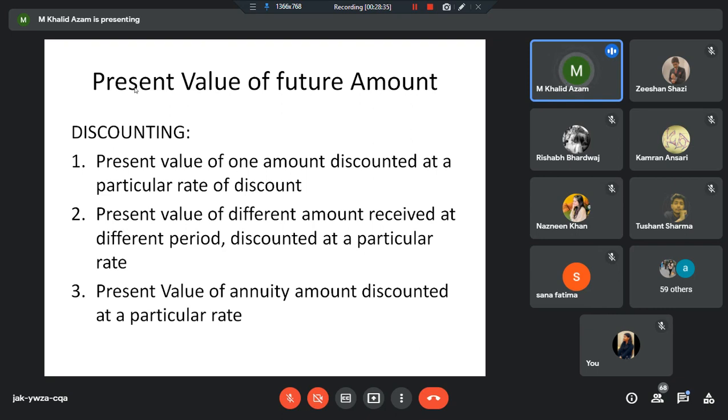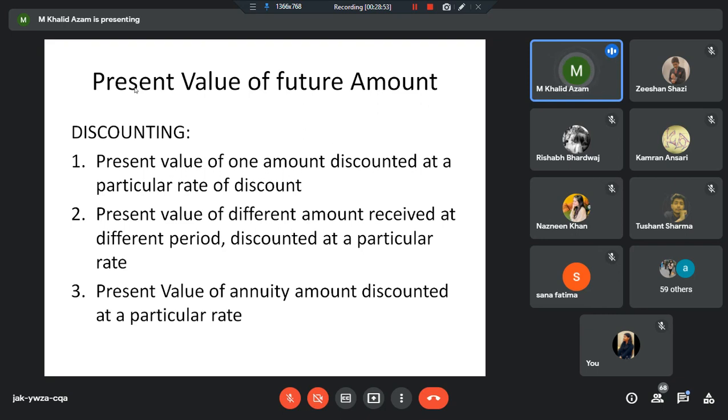The reason behind that receipt is that we have deposited or used this money today, and then we consider it for the future period.